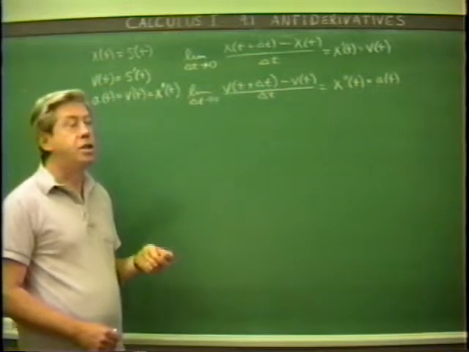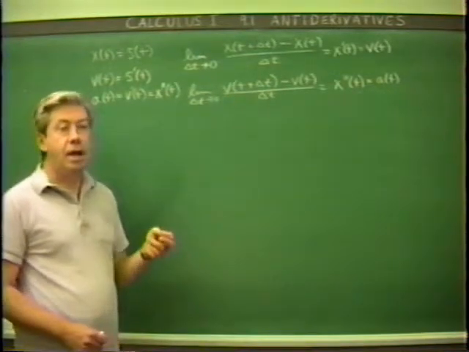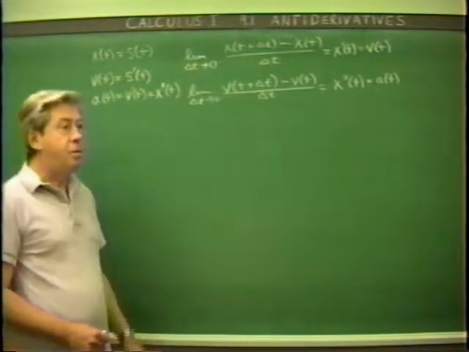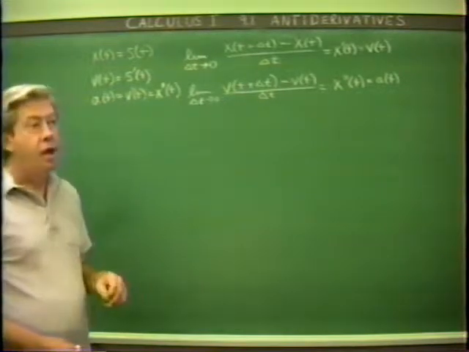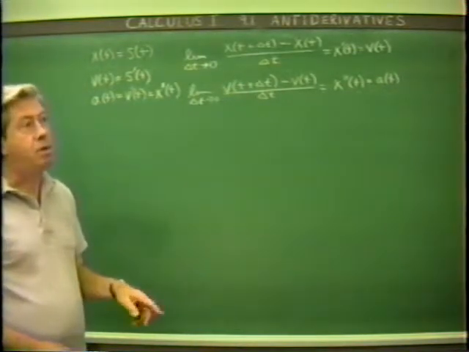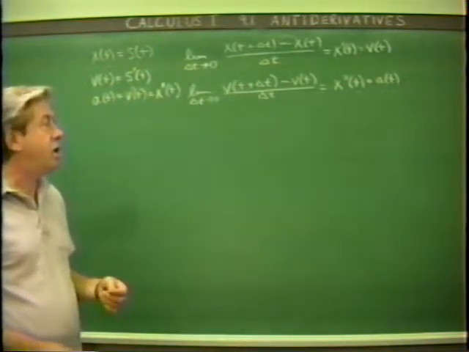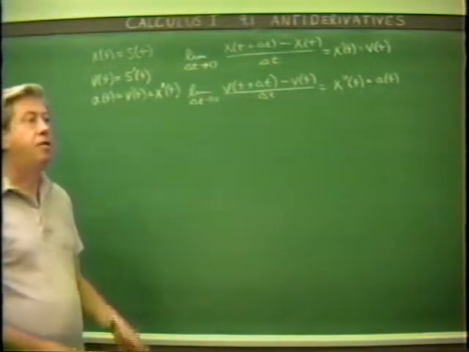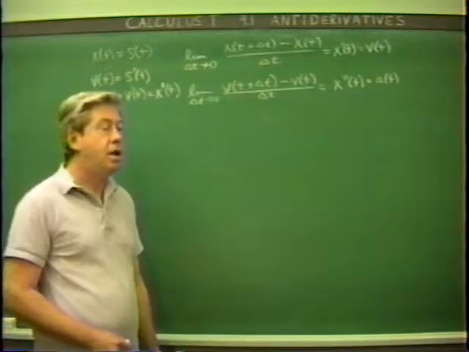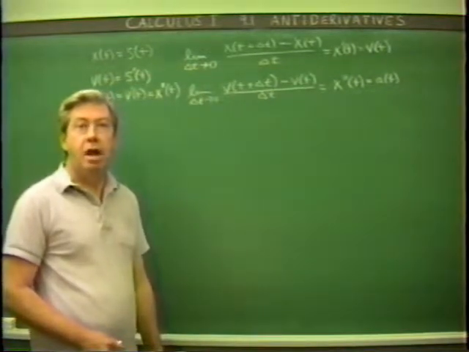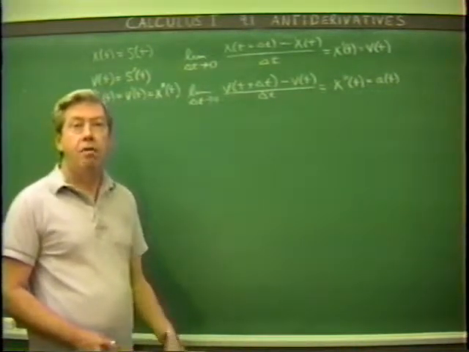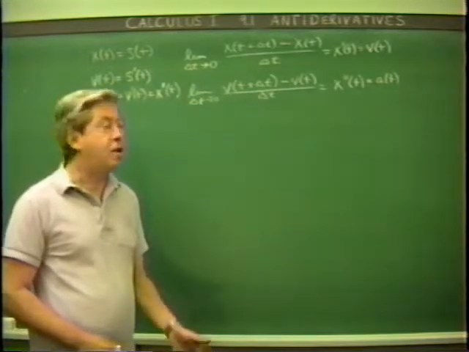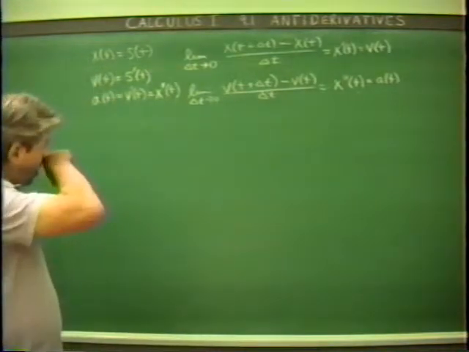If you knew the acceleration of a particle, or if you knew the velocity at every time t, you'd expect to be able to go backwards and find out what the position was at any given time t, if you knew where the particle started. And similarly, if you knew the acceleration at any time t, you'd expect to be able to find its velocity at any time t if you knew its velocity at some fixed original time.